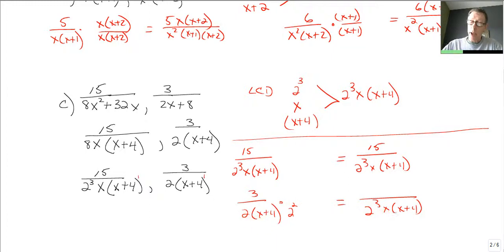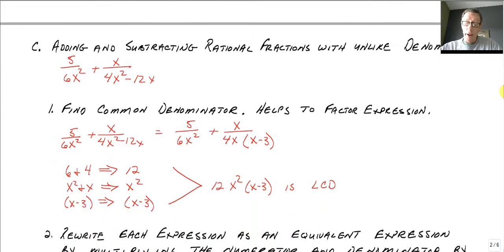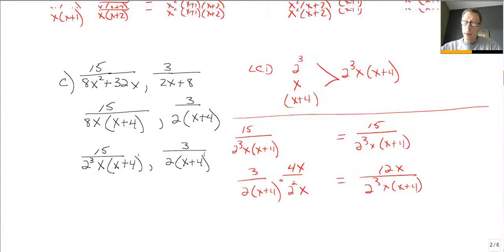I need to have an x, and I don't have an x in the original denominator, so it's going to have x there. And then I also have an x plus 4. So I'm going to need to multiply by 2 squared times x, which is really 4x. That gives me the new term, which is 12x over the common denominator. And that is the part for finding common denominators.